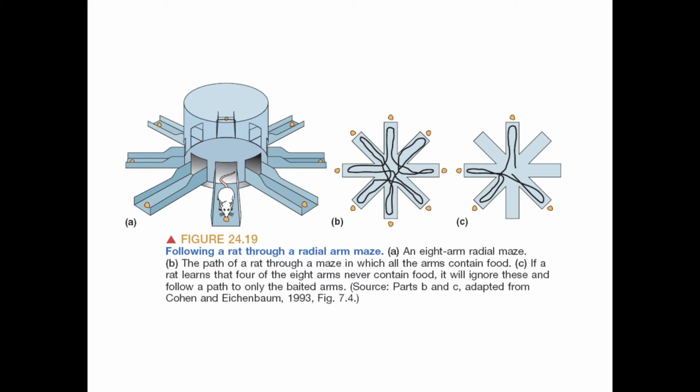This happens with rats who have very good long-term memory, which means they have a preserved hippocampus. If you perform surgery on rats and you remove the hippocampus, then rats perform similar to normal rats, meaning they go to the arms and explore them and find food, but usually they go back more than once to the same arm, and sometimes they even miss some arms with food.